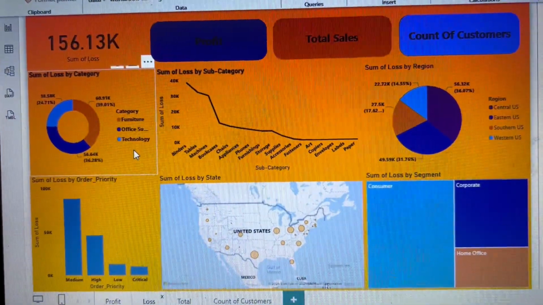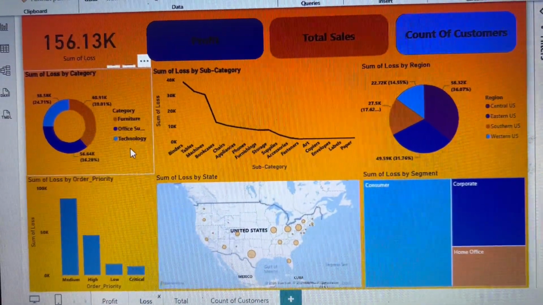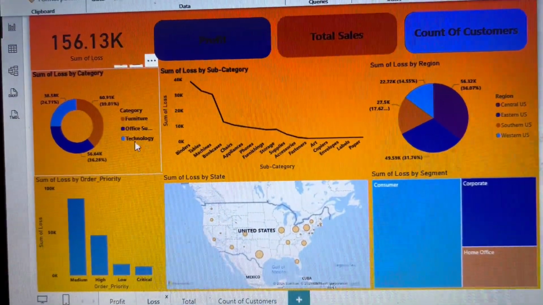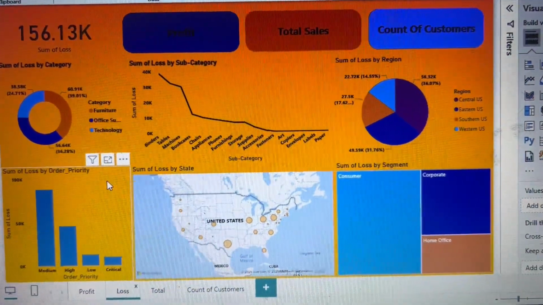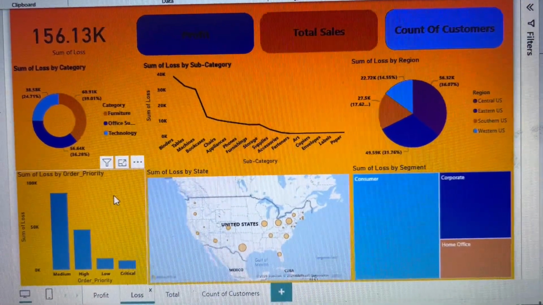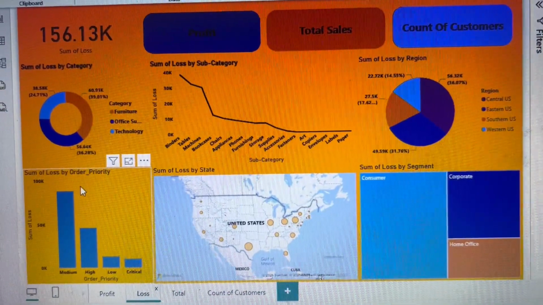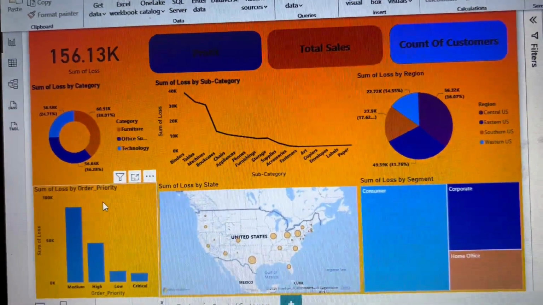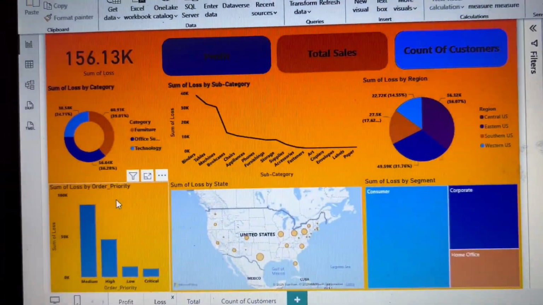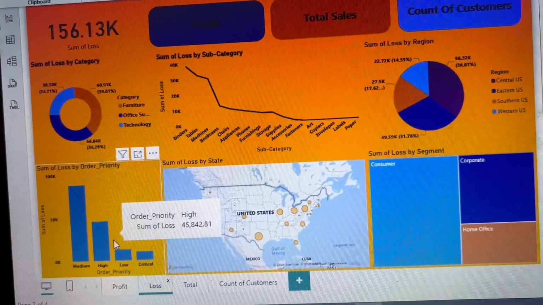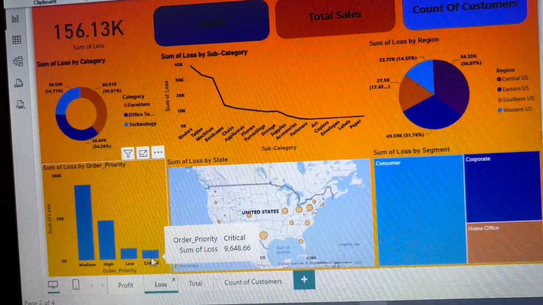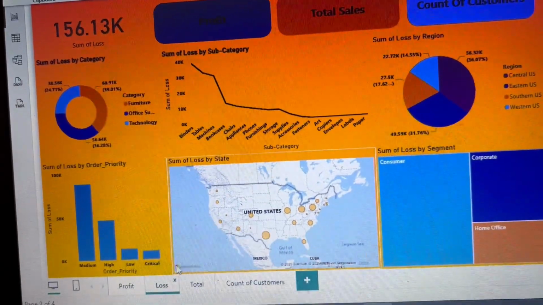It's different from the profit. The profit, I think, was the technology, then office supplies, then furniture. Now this column chart or bar chart tells me about the order priority again. I think for the profit it was medium, then high, then central, then low. Here it's low, then central.